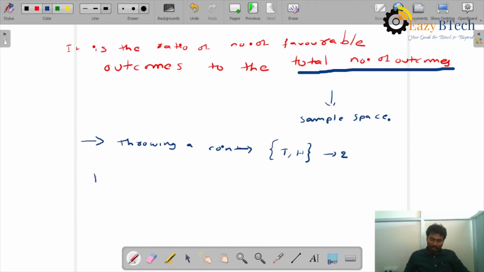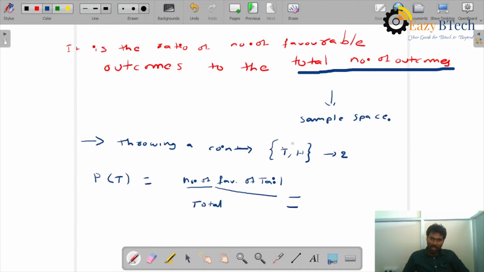I want the probability of getting a tail. As I just told you, it is the ratio of the number of favorable outcomes of tail to the total number of outcomes.